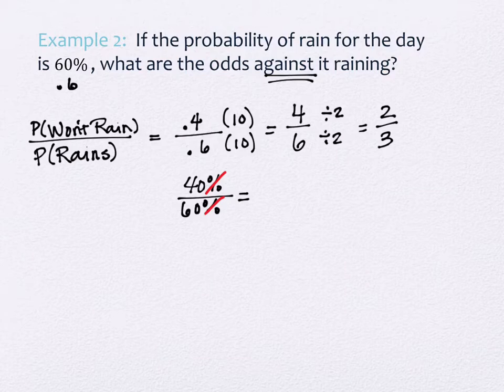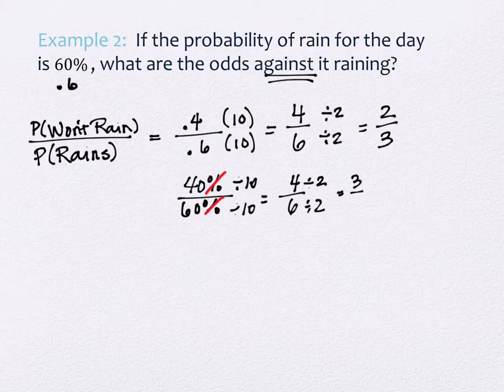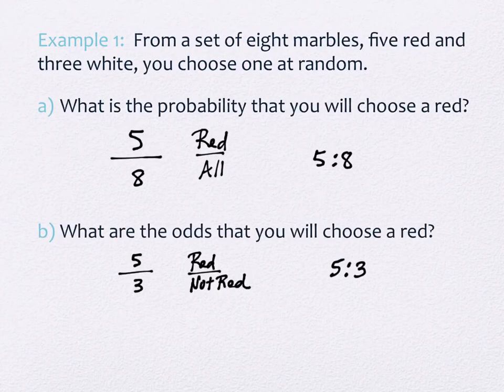And 40% and 60%, if I divide them both by 10, I know we don't always write it that way, but that's really what we're doing, is we're dividing both by 10. We would get 4 over 6, and then we would divide by 2 again to get the 2 to 3. Does that make sense? Okay, so you can start with decimals, or you can actually start with values where you're choosing things, and it works the same way.